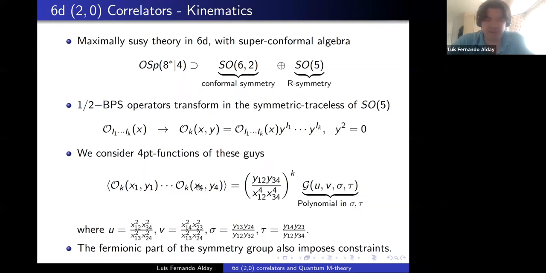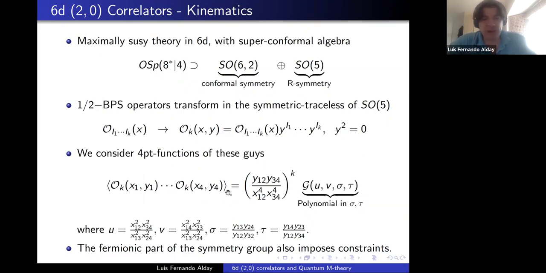Just for simplicity in the formulas, I am setting K1 equal to K2 equal to K3 equal to K4, and denoting all of them by K. But all that I will say is also true for generic K1, K2, K3, K4.